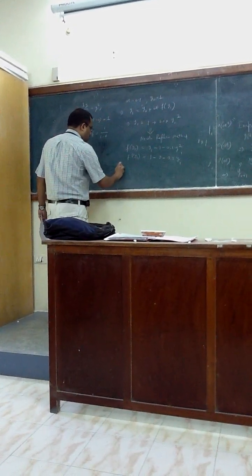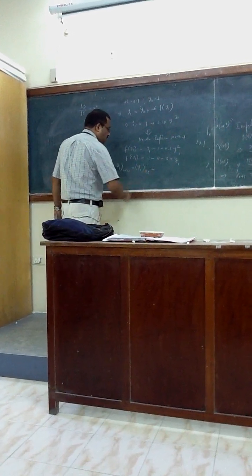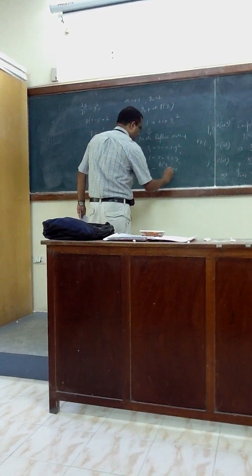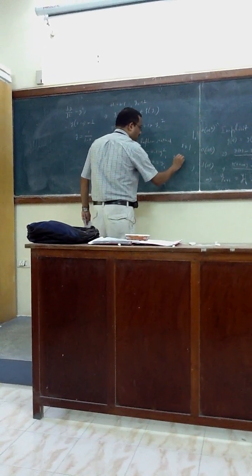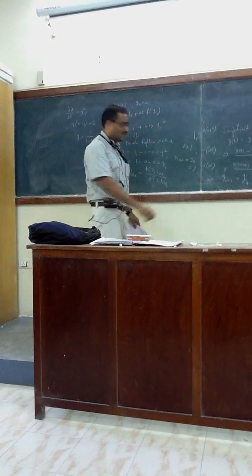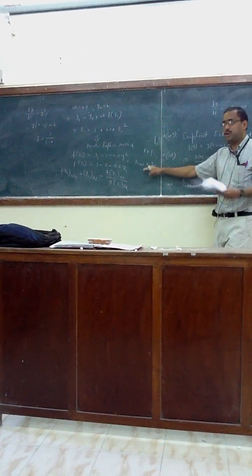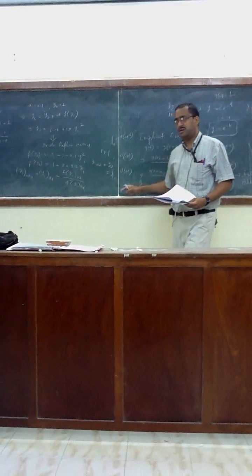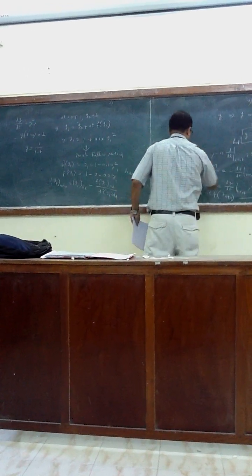So you have to get y1 new equals y1 old minus F of y1 old by F prime of y1 old. What will be my guess for y1 old? First guess, the y0 converged solution, which is 1. That's the best guess you can get. Similarly, for y2 old, it will be the y1 converged solution. For y3 old, the y2 converged solution. So that way, the previous time step's converged solution will be taken as the initial guess.